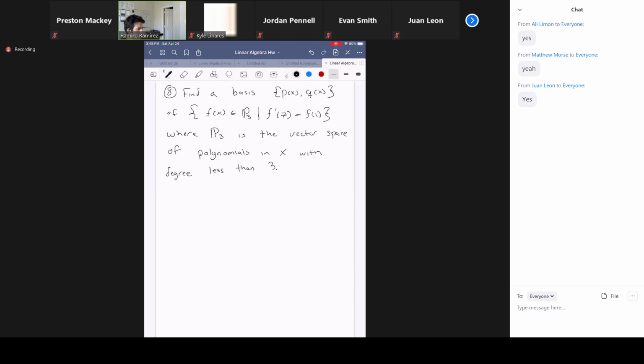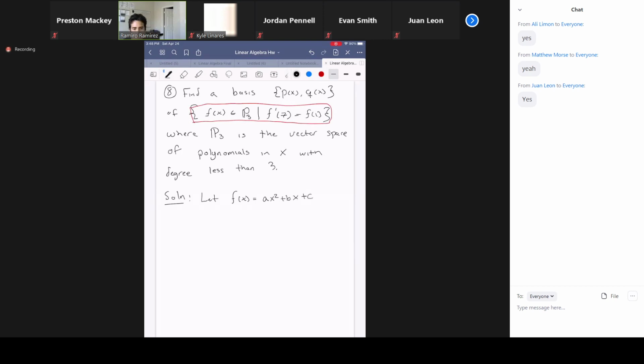Okay. So this one, you basically have to, okay, just look at this part right here. Let's look at this guy. What is something that looks like in here? Say f of x equals ax squared plus bx plus c.